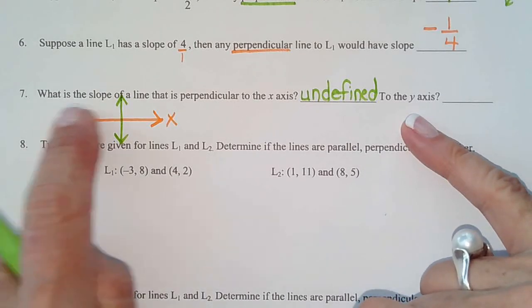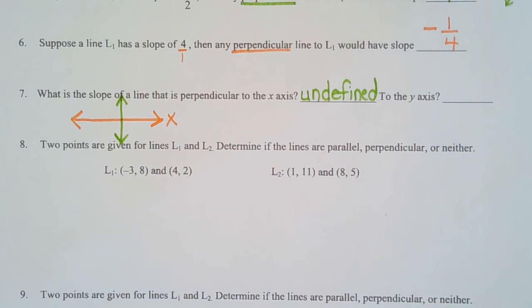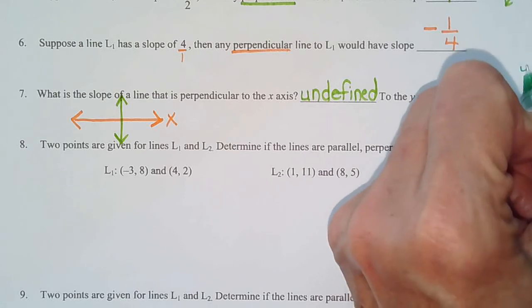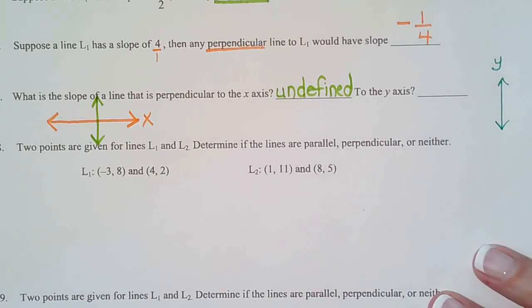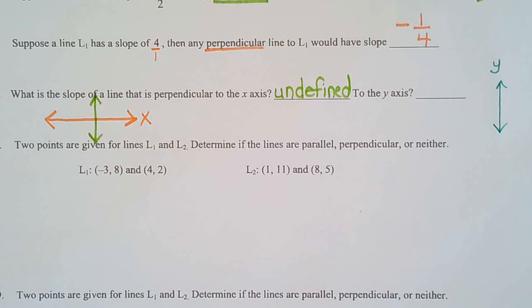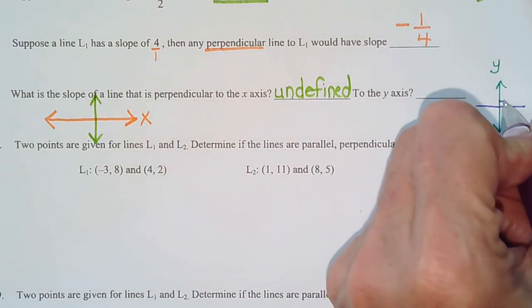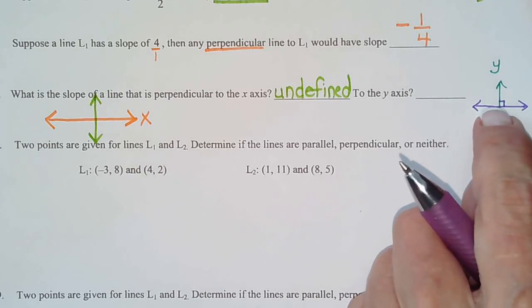Next, they want to know what is the slope of a line perpendicular to the y-axis. So if we have the y-axis, the only line perpendicular to a vertical line would have to be a horizontal line. So what's the slope of a horizontal line? I can ski on it, but 0 fun.